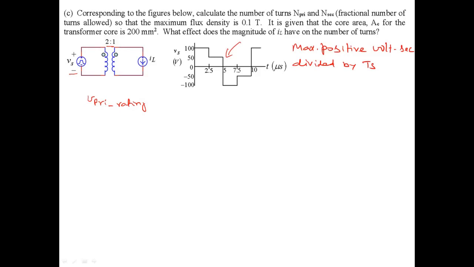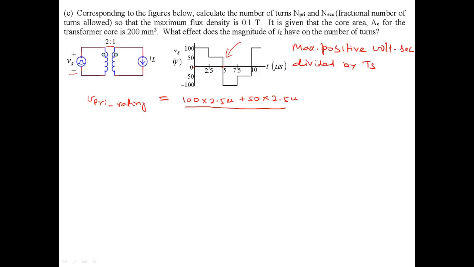If you apply that definition to the voltage here, the positive volt seconds is applied from 0 up to 5 microseconds, but it's not a constant voltage. So we'll write the positive volt seconds as 100 volts for a duration of 2.5 microseconds plus 50 volts for another 2.5 microseconds, from 2.5 to 5.